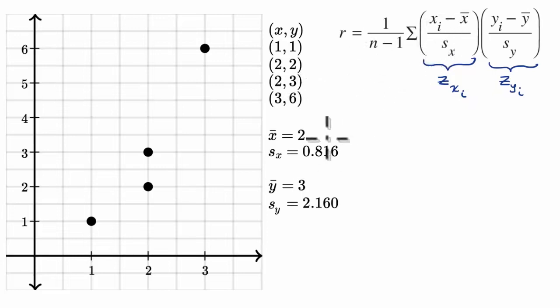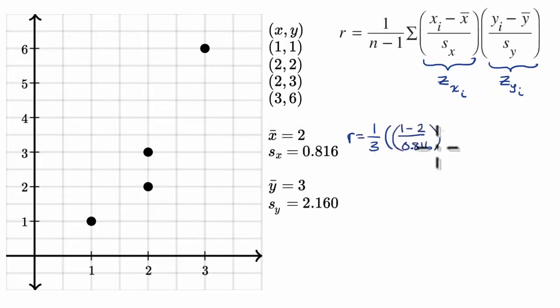So in this particular situation, r is going to be equal to 1 over n minus 1. We have 4 pairs, so it's going to be 1 over 3, times a sum of the products of the z-scores. So for this first pair right over here, the z-score for this 1 is going to be 1 minus the x sample mean, divided by the x sample standard deviation, 0.816.